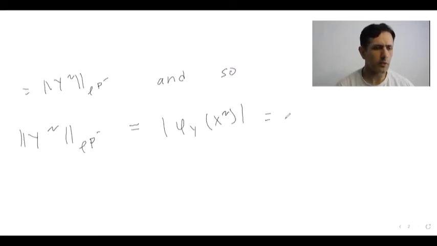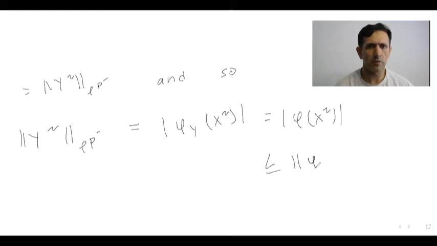Well, this is equal to phi y, which is my original bounded linear functional. So this is less than or equal to just the norm of phi from l^P to F times the norm of x_n in l^P prime.